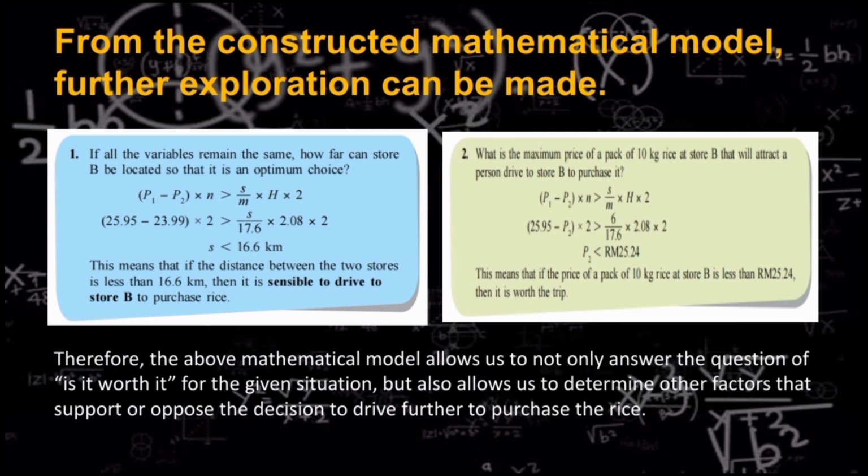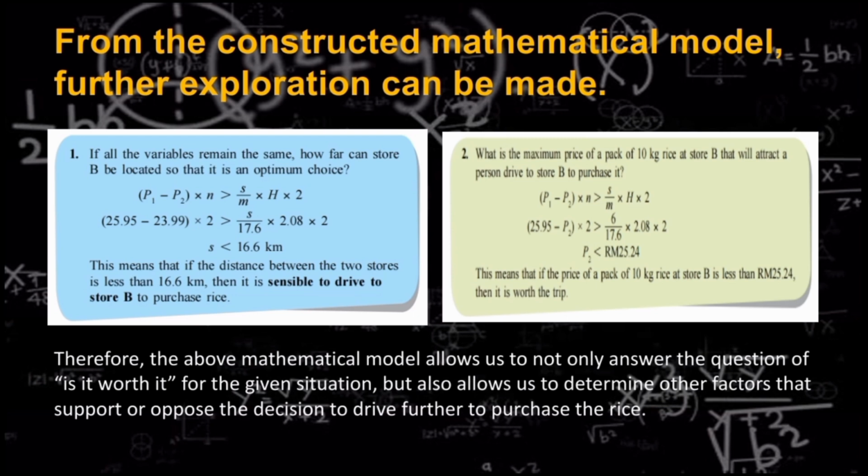Number 2. What is the maximum price of a pack of 10 kg rice at store B that will attract a person to drive to store B to purchase it? (P1 minus P2) times n is bigger than S over M times H times 2. (25.95 minus P2) times 2 is bigger than 6 over 17.6 times 2.08 times 2. P2 is smaller than Rm25.24.